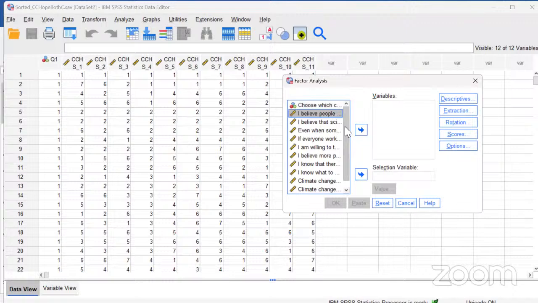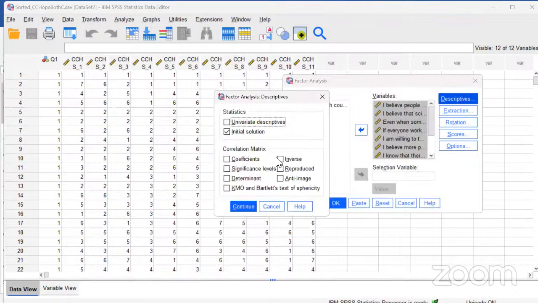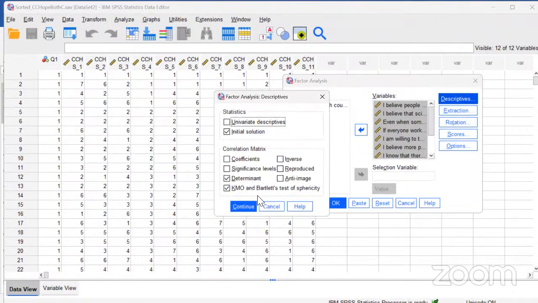Total there are 11 items. Now I'm trying to see whether three components, three factors, are emerging or not. For the descriptives, I'm checking the determinant, KMO, and Bartlett test of sphericity.